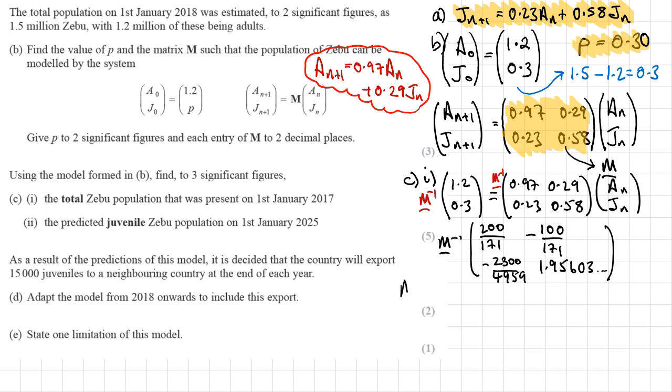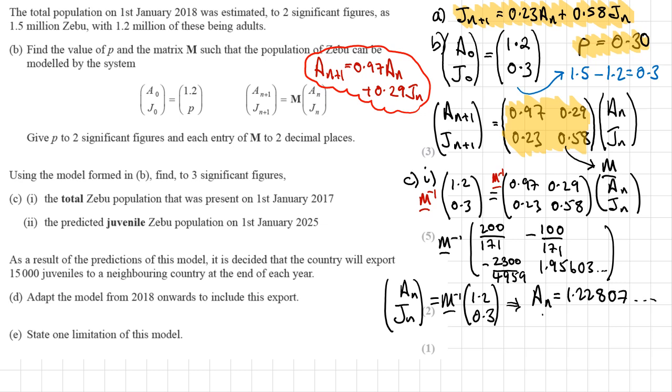So A_n, J_n is going to be equal to that inverse matrix, I'm not going to write it out again, times 1.2, 0.3, and that can be done on my calculator, and that will give me A_n is equal to 1.22807 and so on, and J_n, remember this is in millions, 0.03024.